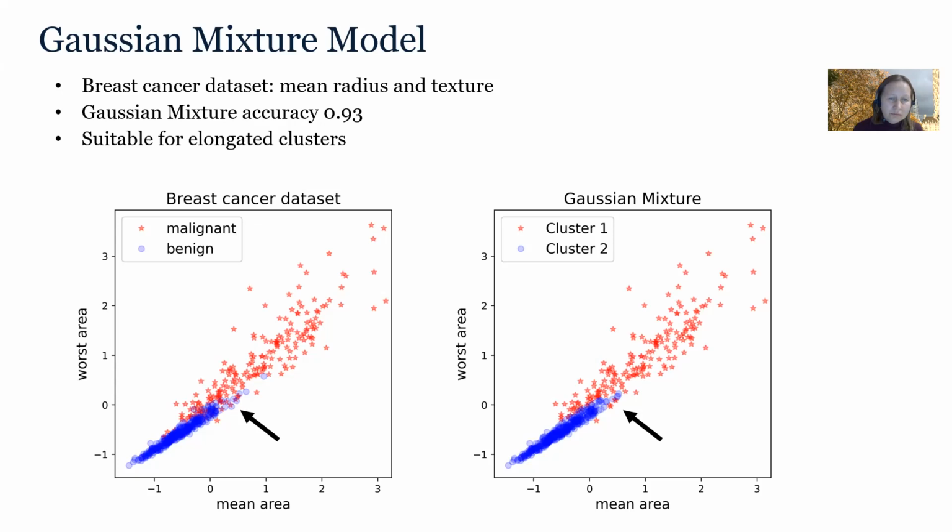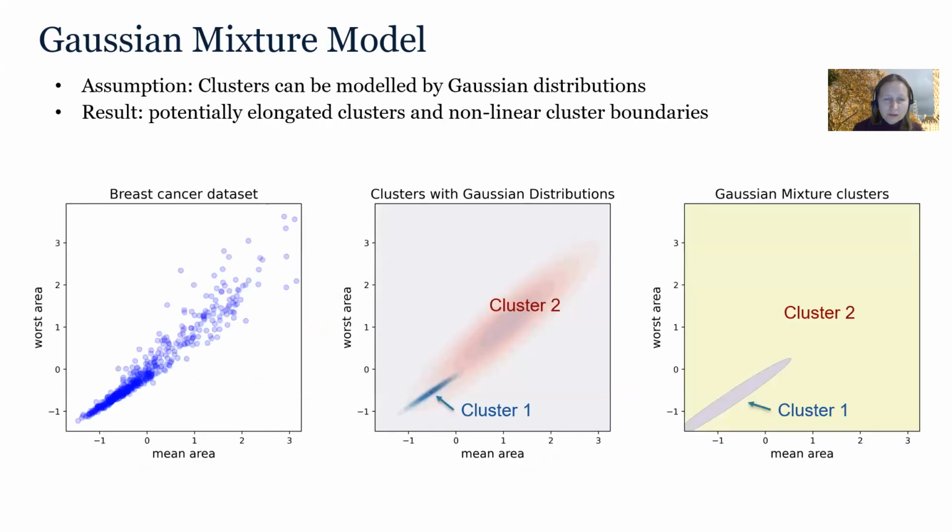So how did the Gaussian mixture model do this? The main idea is that we assume that clusters can be modeled by Gaussian distributions. So you can see this example here. Here we have the original data. Now no labels are shown. This is just how the data set looks like.